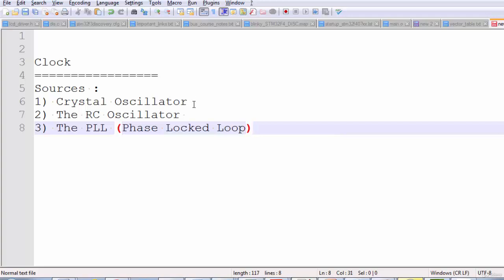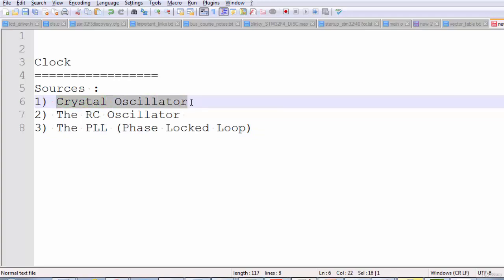The crystal oscillator is an external component which you have to connect to the microcontroller externally in order to supply a clock. And if you don't want to use a crystal oscillator, for different design considerations, you can drop the idea of using one.